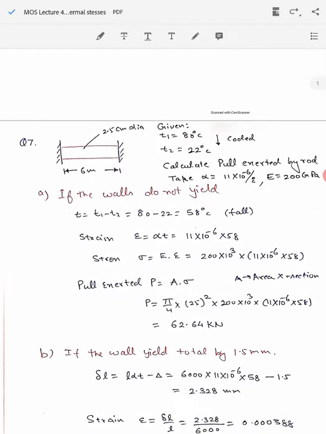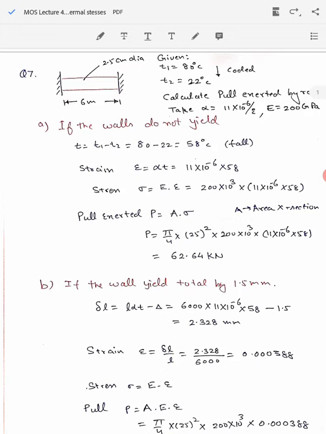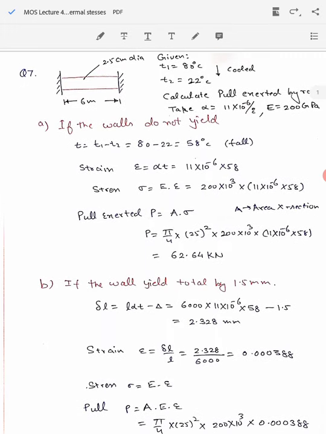Now let's look at one numerical and try to understand this in a better way. Here we have a similar bar which is 6 meter in length and 2.5 centimeter in diameter, and it is being contained between the two walls as shown over here.